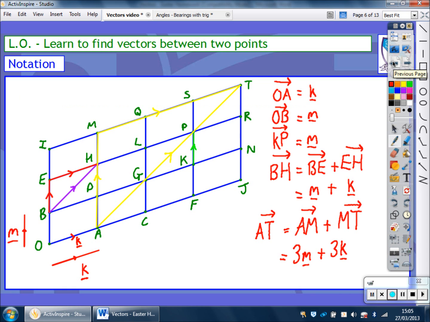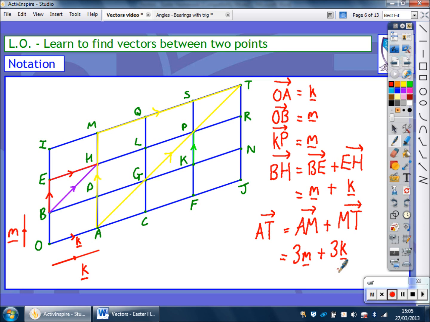So to get from A to T, I decided to go from A to M and then from M to T. But I could have gone A to J and then J to T, because A to J would have been 3K and J to T would have been 3M. So I would have got 3K plus 3M, which is the same as 3M plus 3K.